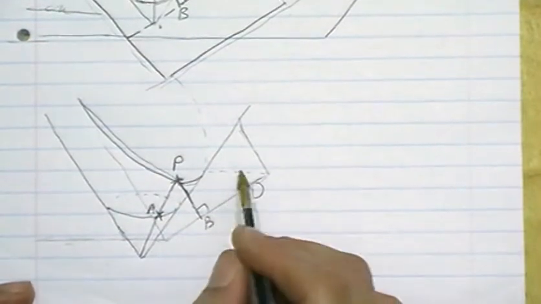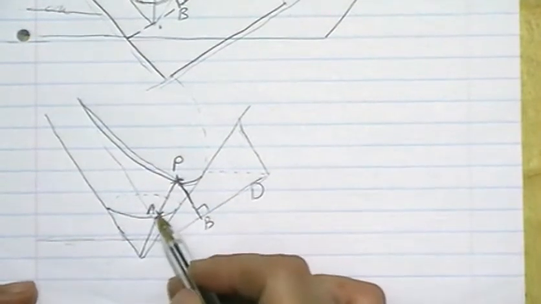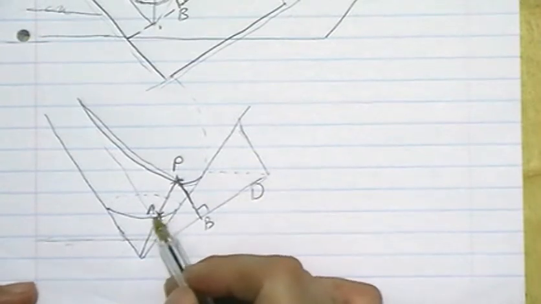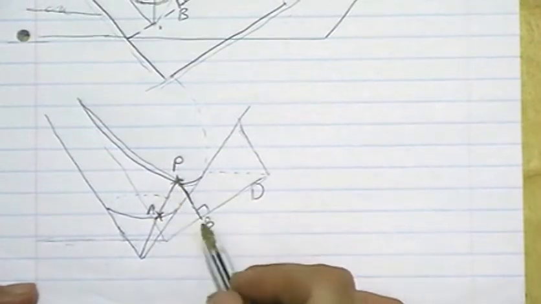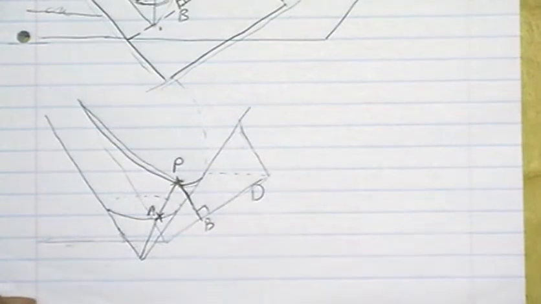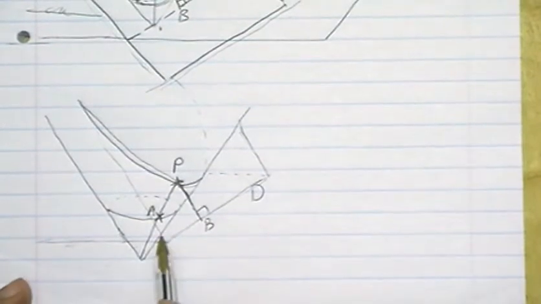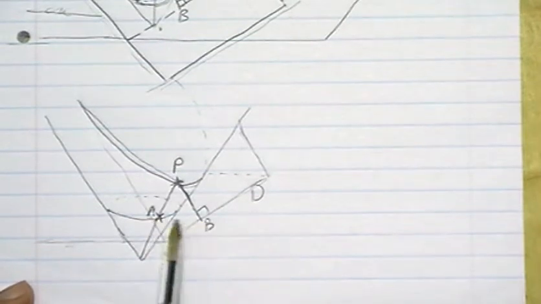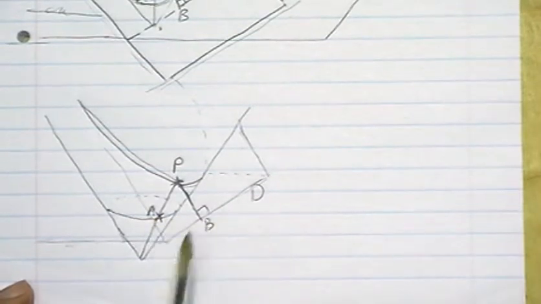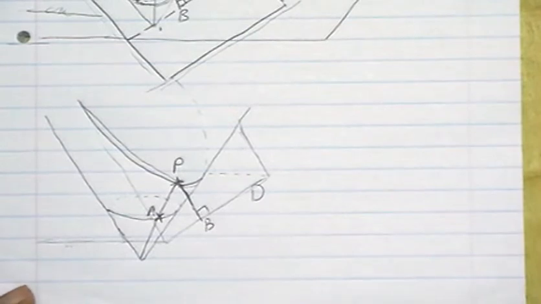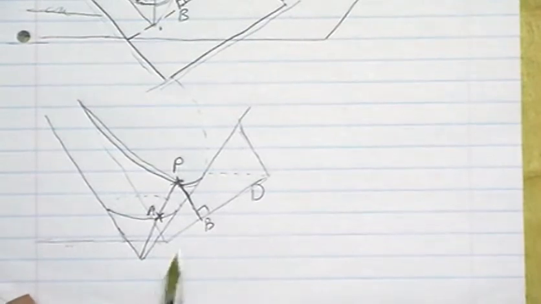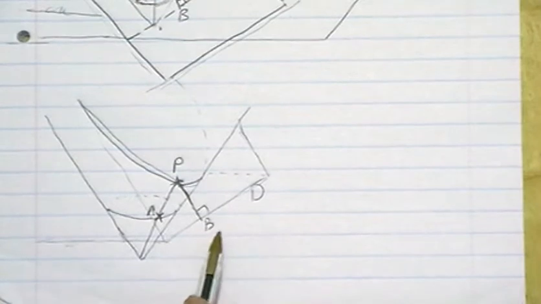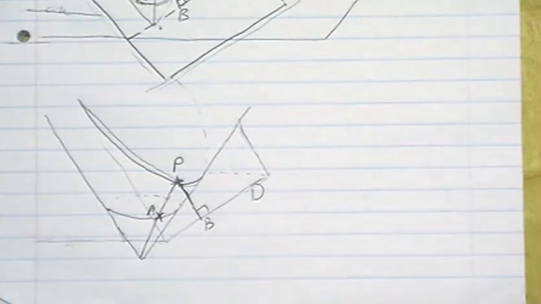And what is more, both A and B lie on the same plane. So that should be enough clue to tell us that PA and PB are indeed equal.